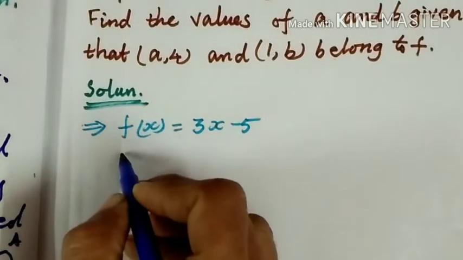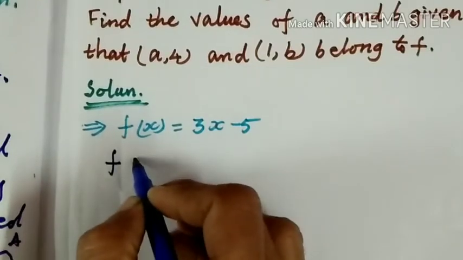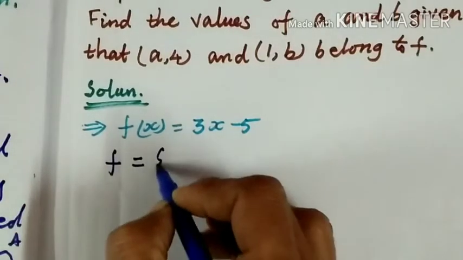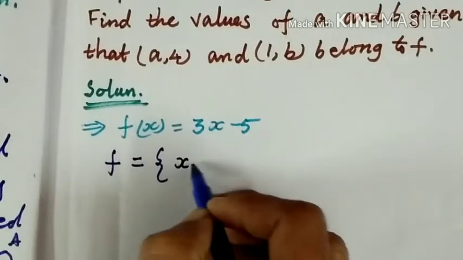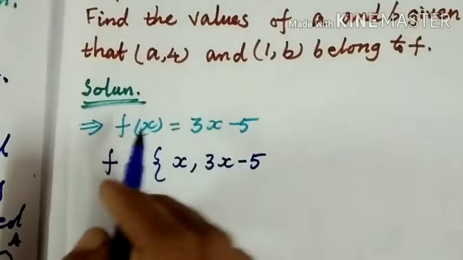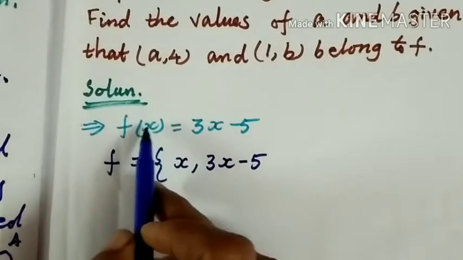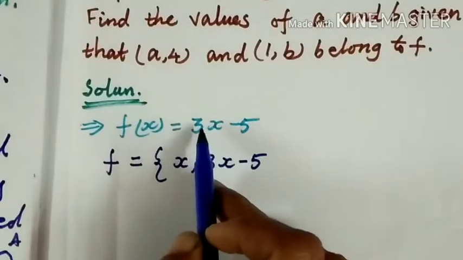It can be written as f equal to the set of ordered pairs (x, 3x minus 5). In this function, x belongs to the x coordinate.